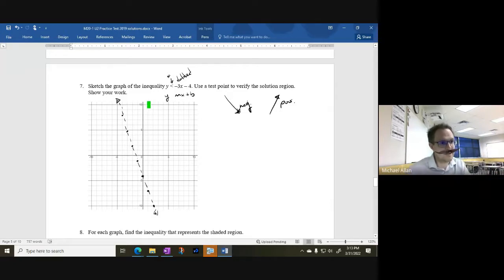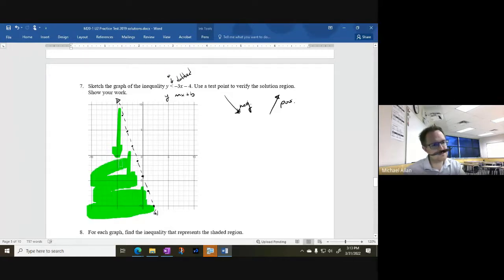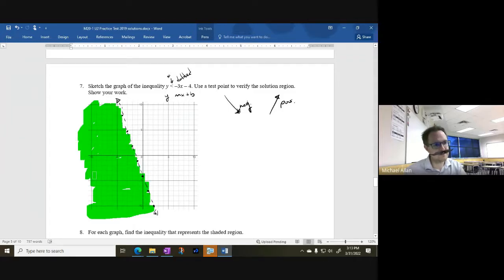So I know right now the line does not equal the solution. That's why we use dotted. So any dot on this line that I drew will not make this true. But because it's less than, I'm going to shade below the graph, right? I'm going to shade all of this area here. It always will, right? So these are all my solutions in that little shaded area.